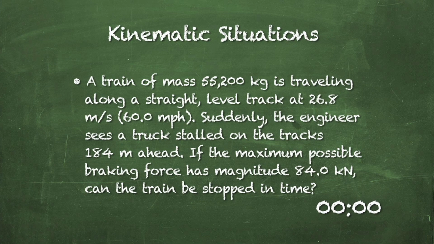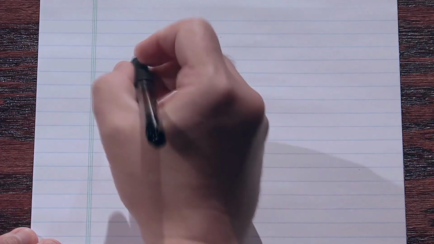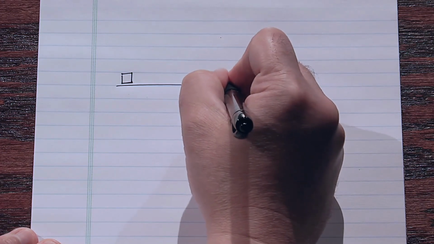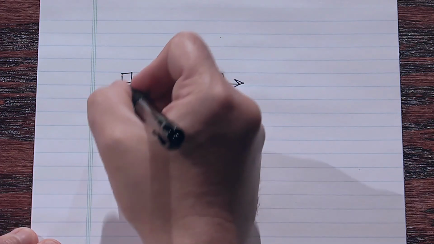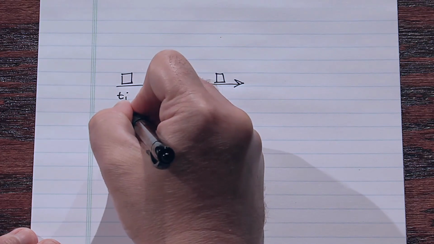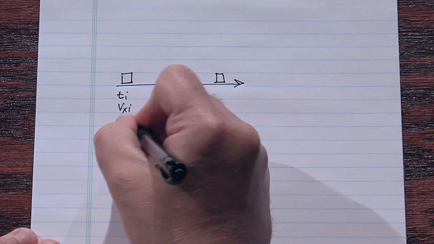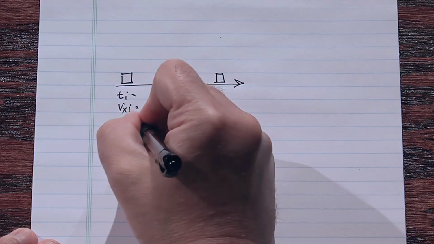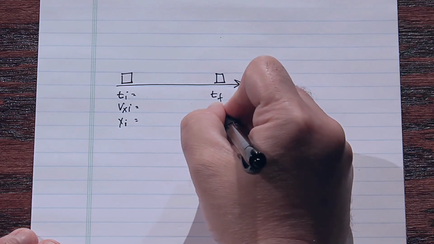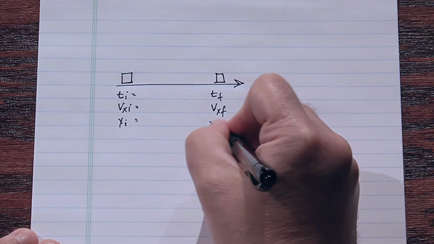Okay, well, we'll start, as always, by drawing our diagram. Here's our train initially, here's our train finally. And we know that we have to be concerned with time, velocity initial, initial position, final time, final velocity, final position.